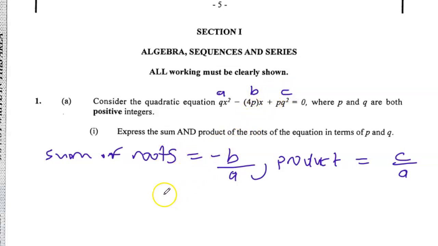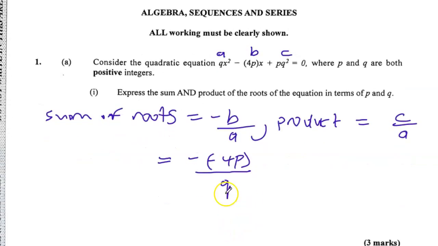So the sum, negative b over a, so minus, and then b is the x coefficient, which is minus 4p, over a, the coefficient of the x squared, which is q. So this becomes positive 4p over q.